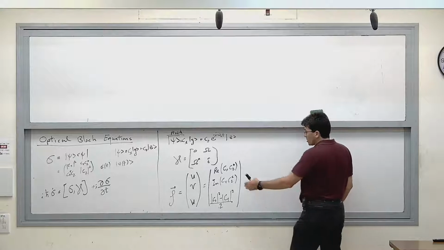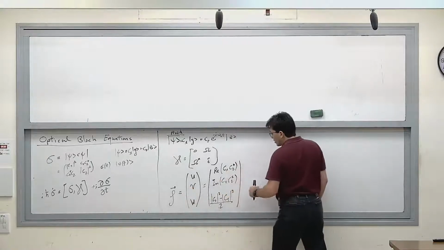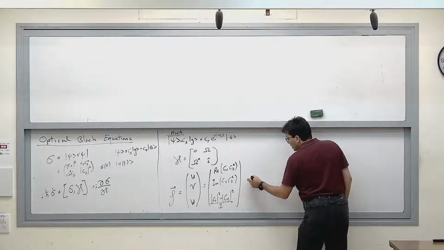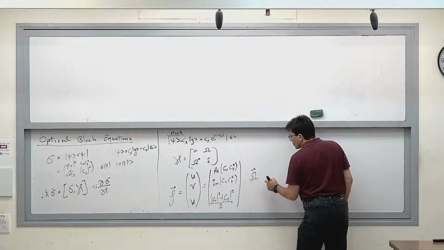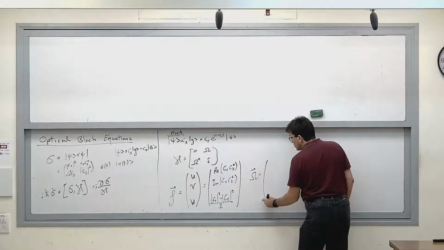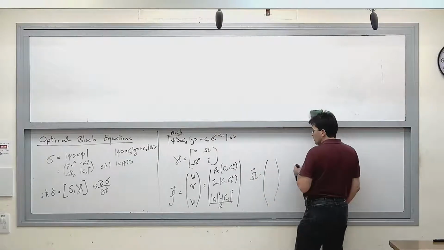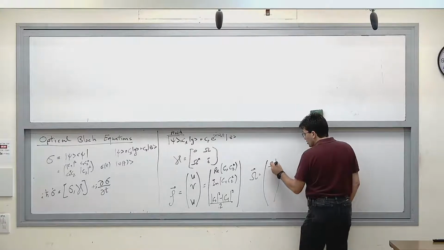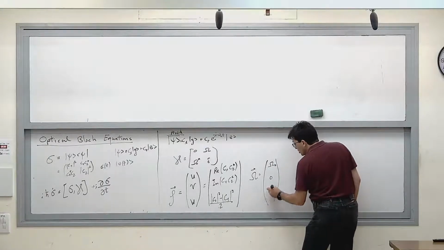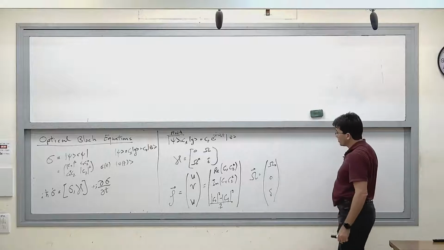Before that, we define this vector, which is the state vector, and we define another vector, which is the field vector. It looks like this.